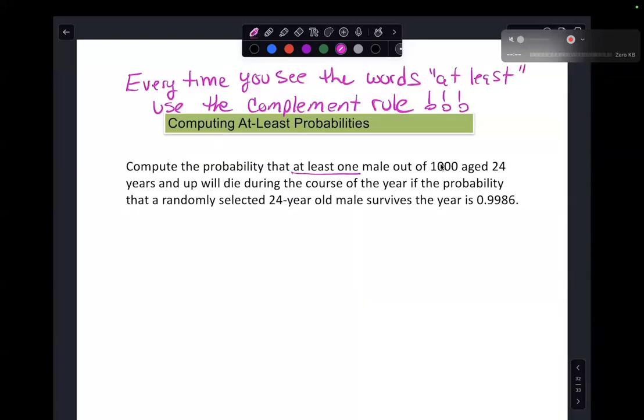Now I'll show you how to do this. So I want to compute the probability that at least one male out of 1,000 aged 24 years and up will die during the course of the year if the probability that a randomly selected male survives is 0.9986. We want to know the probability at least one dies. What this means is not all 1,000 are going to survive.